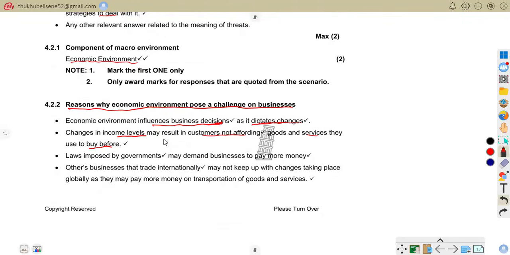During a recession, fewer people buy luxury items. Laws imposed by government may demand that businesses pay more money. Here we are talking about government laws increasing costs. New laws may require businesses to pay more taxes or wages.